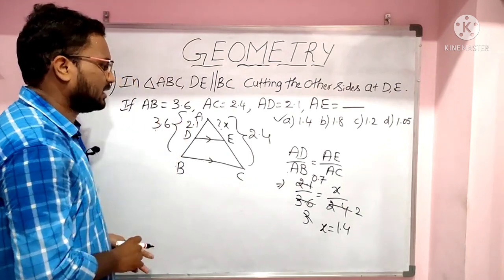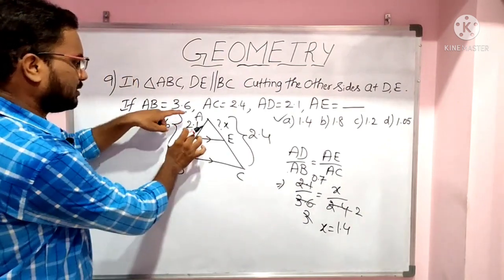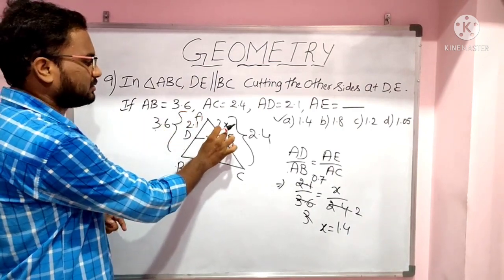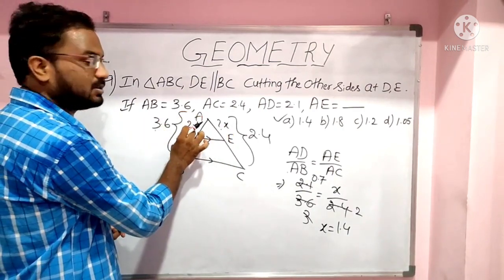So here we directly get the value of AE. How? We need to find AE. Here the corresponding side is 2.1.